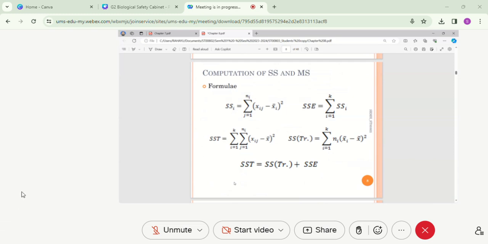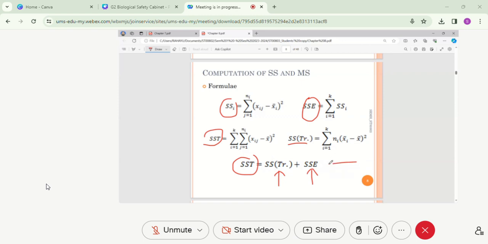Okay, this is how we compute our sum of squares and mean squares. We have the sum of squares for each of the observations, sum of squares of error, sum of squares of total, and sum of squares of treatment. So to get the sum of squares of total, we only have to find the sum of squares of treatment and sum of squares of error. You don't have to find all three, because if you get any two, then you can complete this equation.